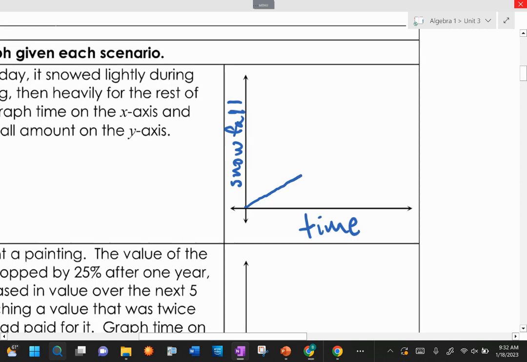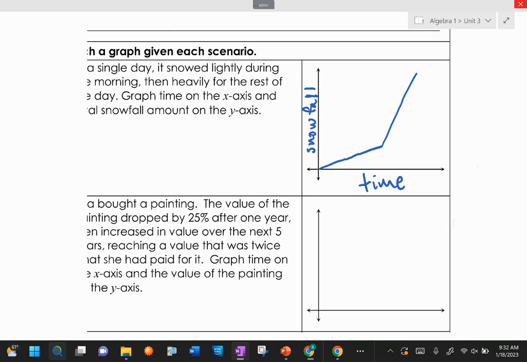A slight increase, and then just a greater increase is really all. What you really just want to make sure that you have is a pretty definitive change, okay, to show.